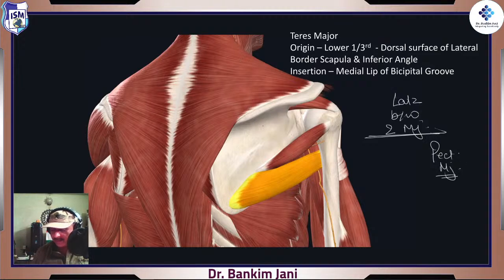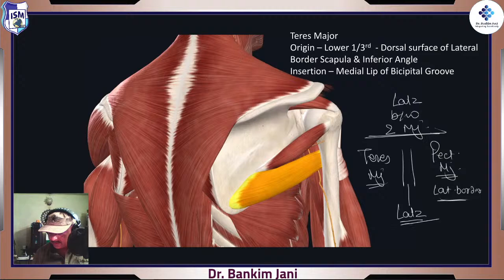Where is it connected? It is on the lateral border of that bicipital groove. On the medial border, what is there? It is this teres major. So two majors, the teres major and the pectoralis major, and in between it is the latissimus dorsi.